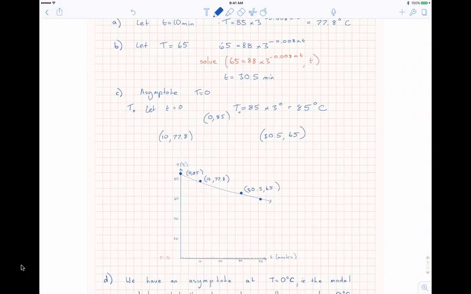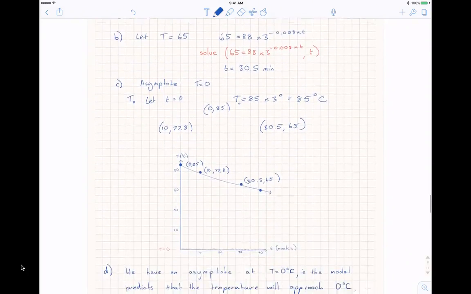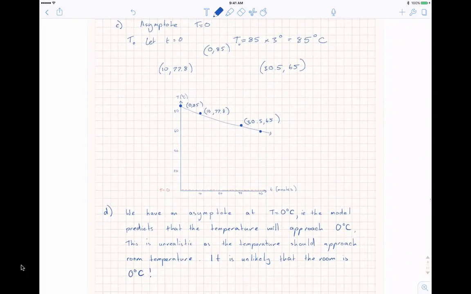Oops, I just realized I've made a mistake with that graph. We were asked to find the end point there, which of course should be t equals 40. So I should find that as well. So when t equals 40, we have T equals 85 times 3 to the power of minus 0.008 times 40.